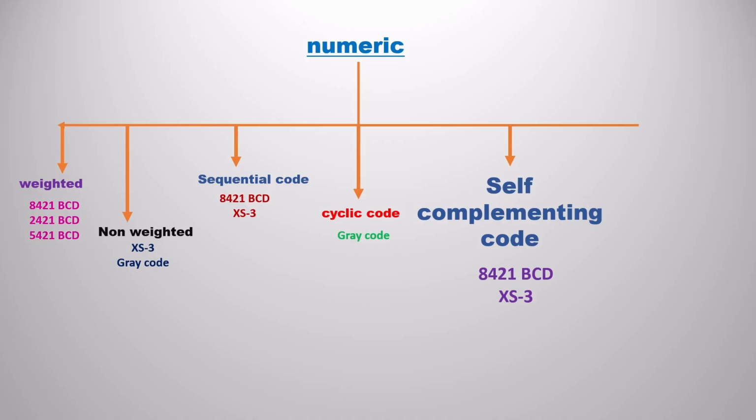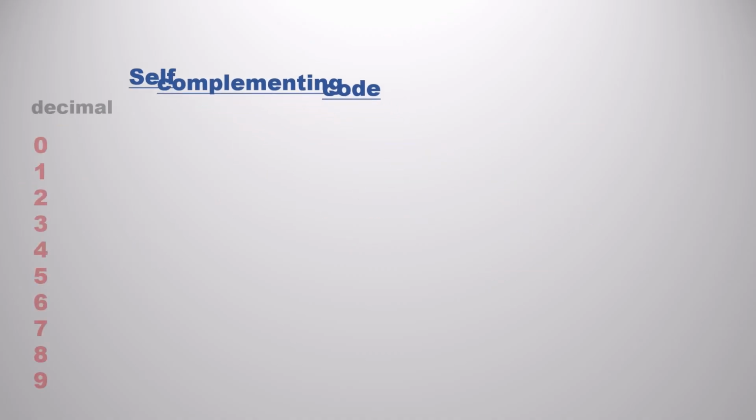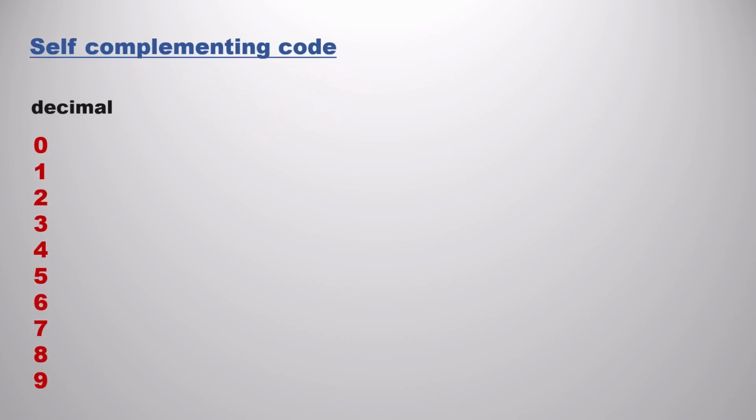That is why it is known as cyclic code. So why is this known as self complementing code, these two? Let's understand the name itself, how the name comes. We have the normal decimal digits from 0 to 9. In this we want the 9's complement of n. So what is meant by 9's complement of n?